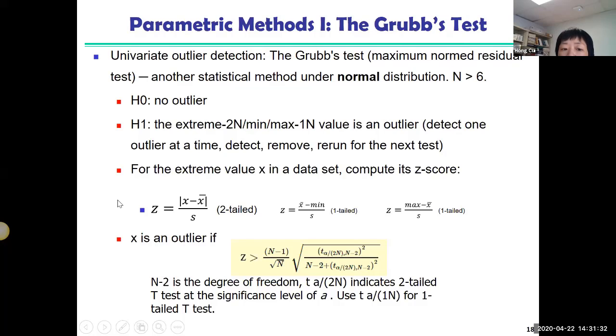Then you remove this outlier from your data set and test again to find a second outlier. That's how Grubbs is used for outlier detection. If your test is one-tailed, then you simply look up the one-tailed t-score to compute this value.